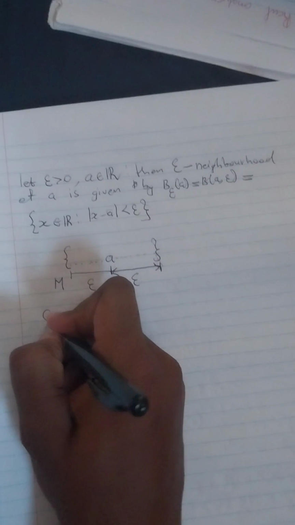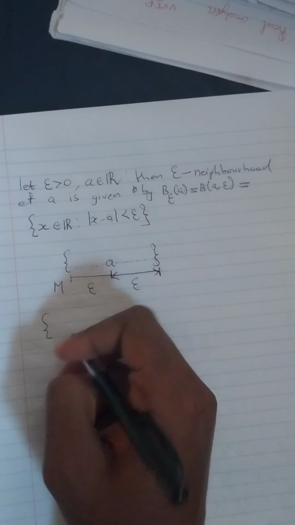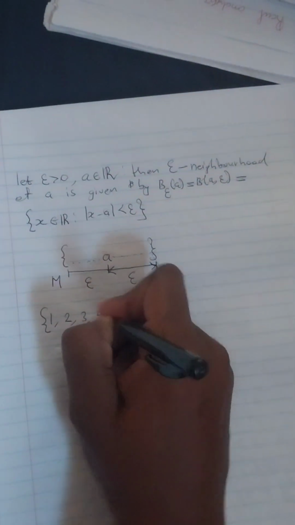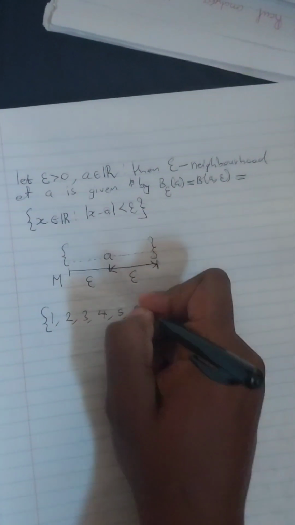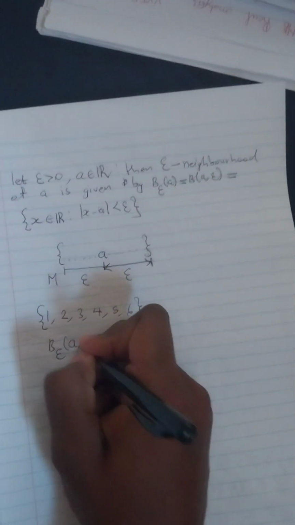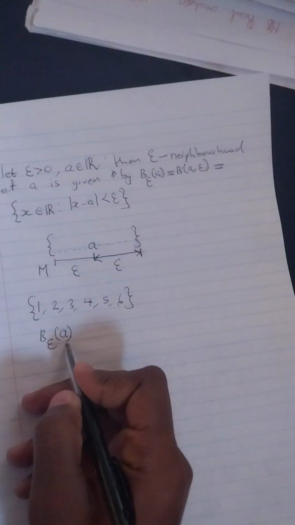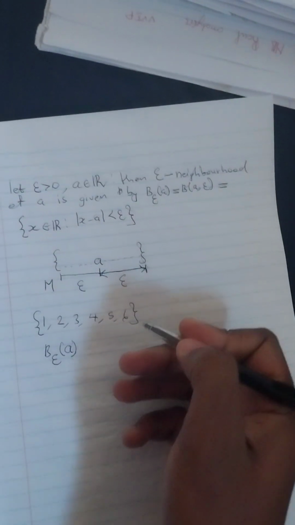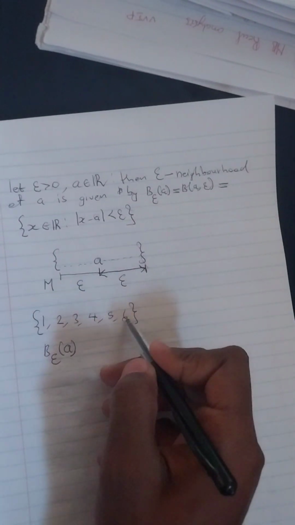Suppose we have a set of numbers, maybe 1, 2, 3, 4, 5, 6, and we are required to find the center number A and the possible radius. How do we do that? We first check the outer limits.